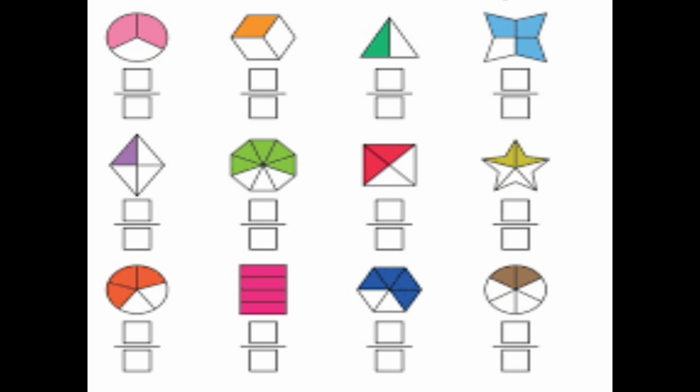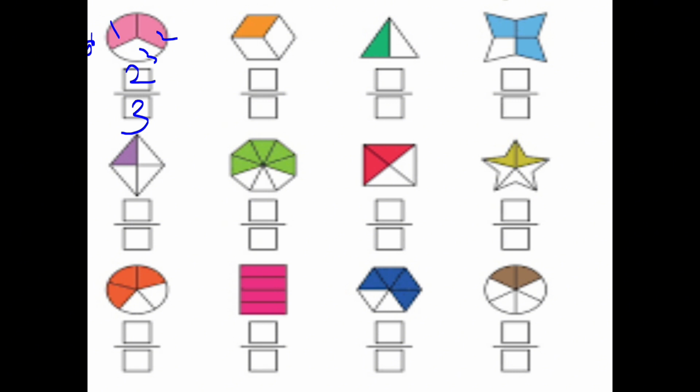So for the first shape, we have how many shaded parts here? We have 1, 2, right? Good. That will be 2 out of how many parts altogether? 1, 2, 3. That will be 2 over 3. Do you get that? Very good. And that is 2/3. 2/3 of the circle was shaded. Do you understand? Very good.